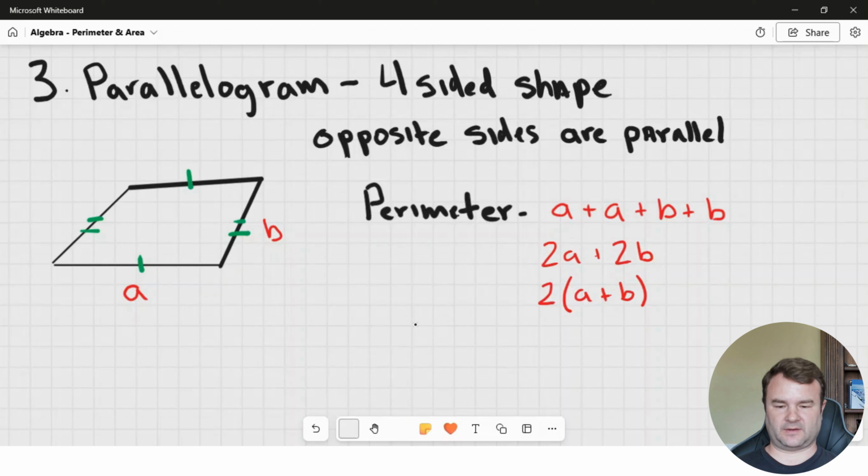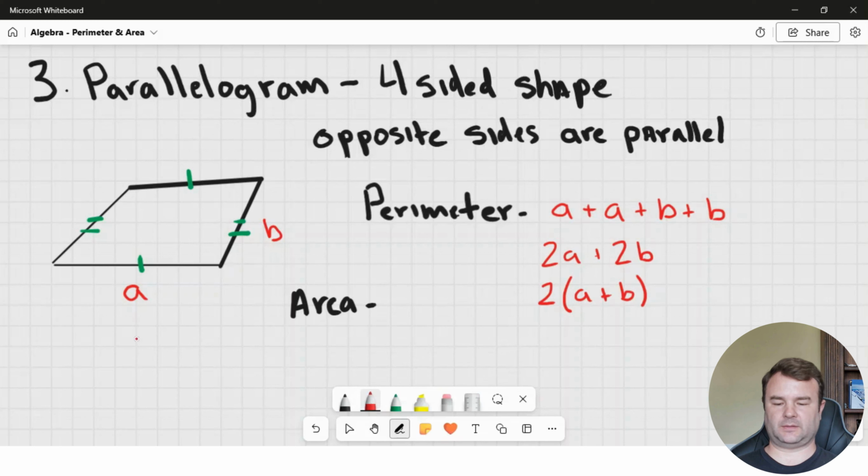All right, let's go ahead and define area. So the area is basically the length of the base of the parallelogram. So we're going to say that side A is the base.